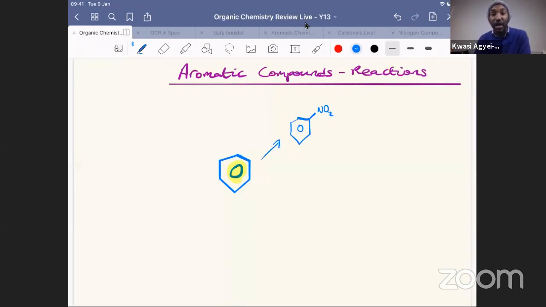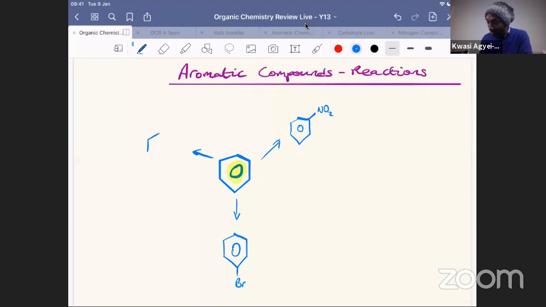Another reaction, a substitution reaction involving benzene, is when you halogenate it. So we can have benzene and perhaps a bromine group replacing one of the hydrogens on your benzene molecule. Another thing we can do with benzene is, of course, to acylate it.